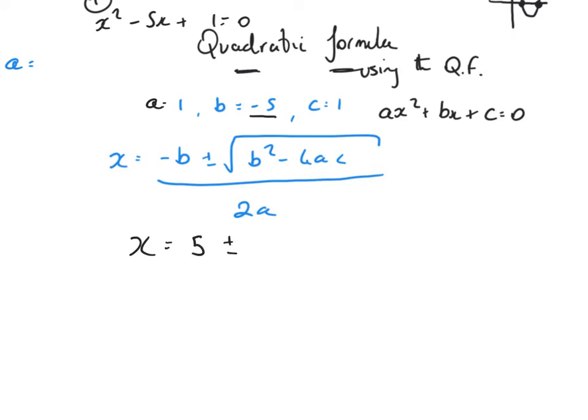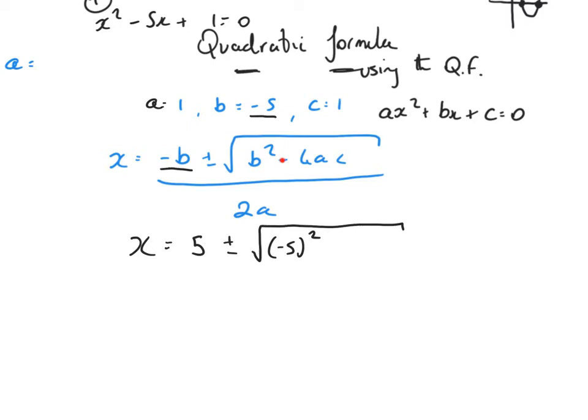b equals minus 5, so minus b must be minus minus 5, which is 5, plus or minus the square root of b squared minus 4ac. So b squared, well, b is minus 5, so it would be minus 5 squared. And since we're squaring a negative number, let's put in a bracket.